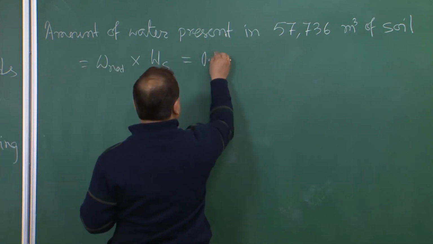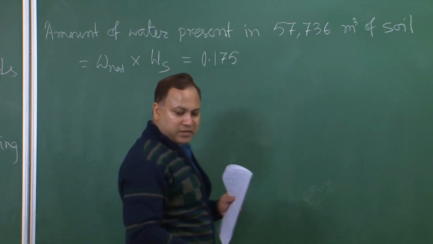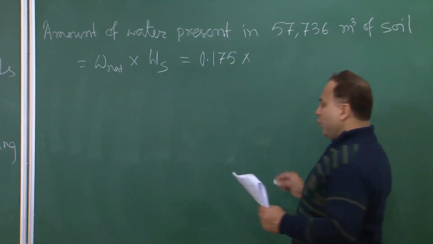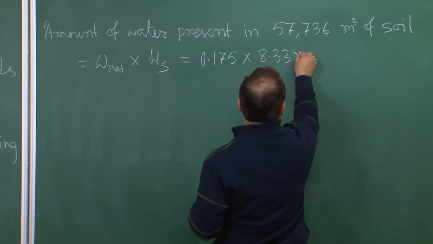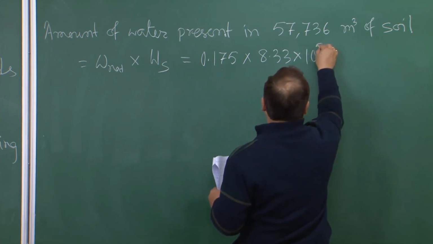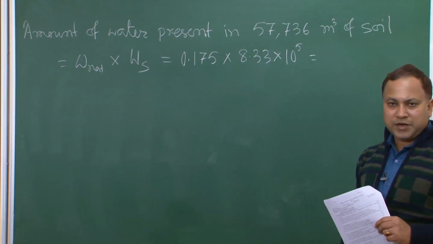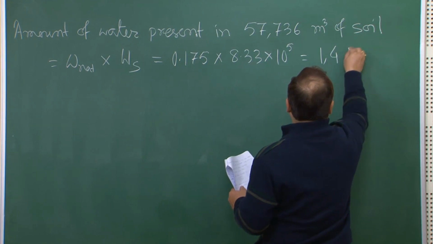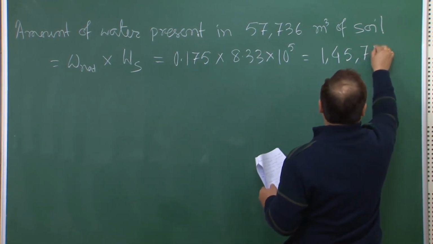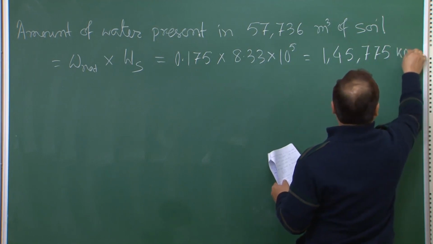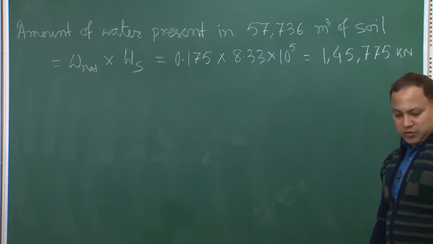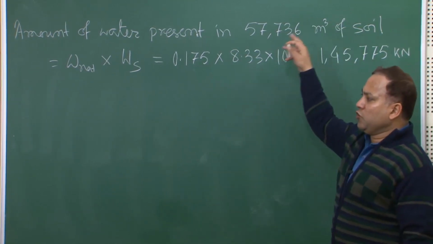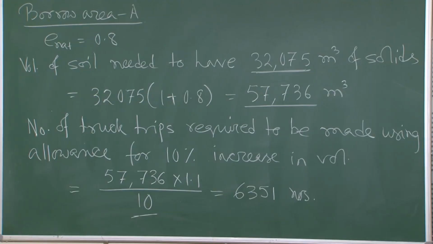So that is given in the problem 17.5%, which is nothing but 0.175 into what is the weight of solid? 8.33 into 10 to the power 5. Already we have derived that. That is not going to change, right? That will remain the same. So it is coming around 775 kilonewton. So this much weight of water is present in this volume which is getting transported from borrow area A.